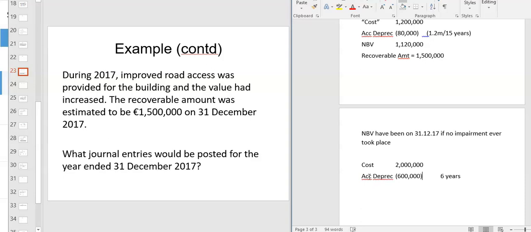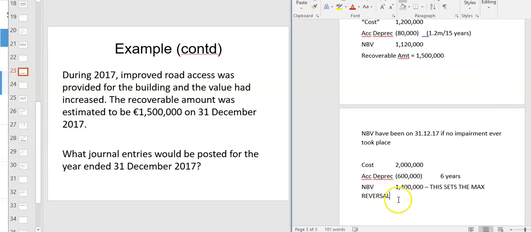Because we're saying we impaired last year and now we want to reverse the impairment this year. But if we never impaired in the first place, the net book value would have been 1.4 million. This sets the max reversal. Right, that's important. That sets the max reversal.